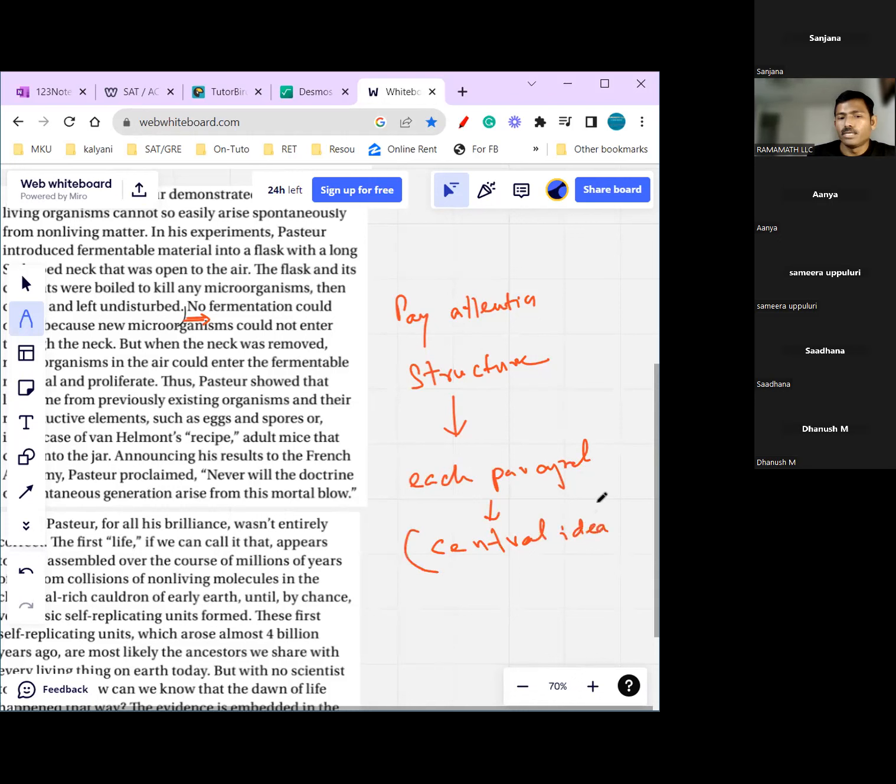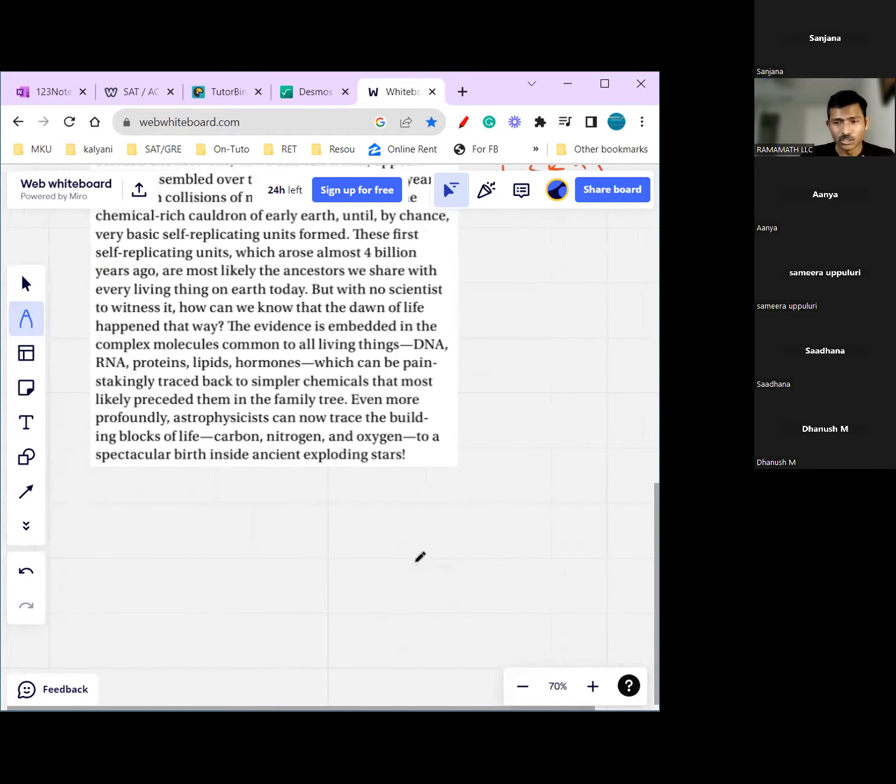It's really important as you read through passages to pay attention to this. If you look at the passage carefully, at the beginning, the first paragraph gives a misconception. The second paragraph gives an example for that misconception. The third paragraph has a refutation of that misconception. And the next paragraph describes implications of the corrected theory.